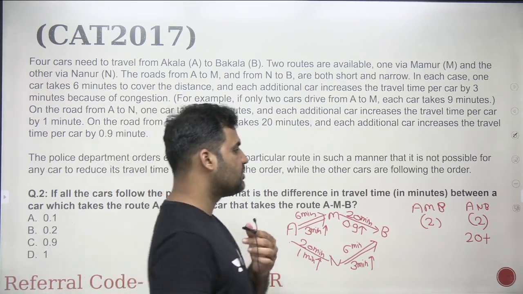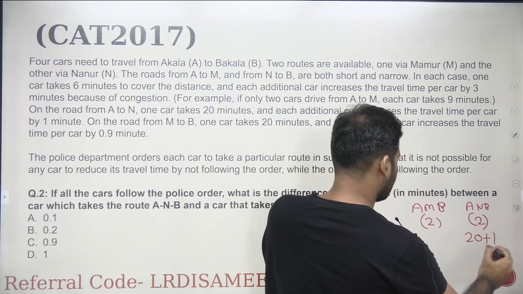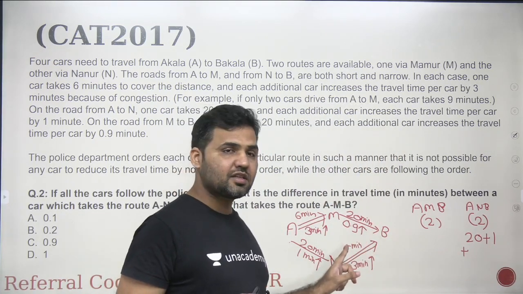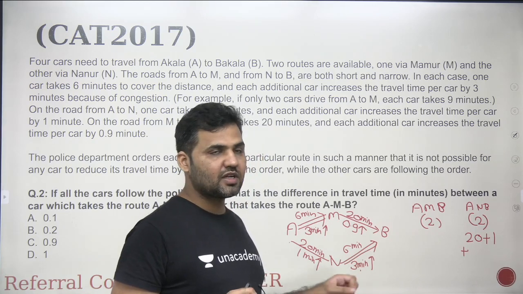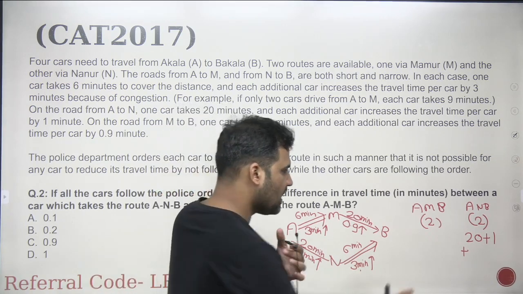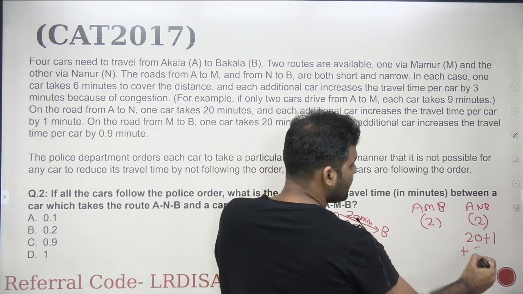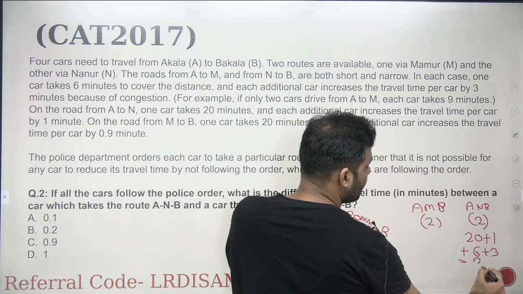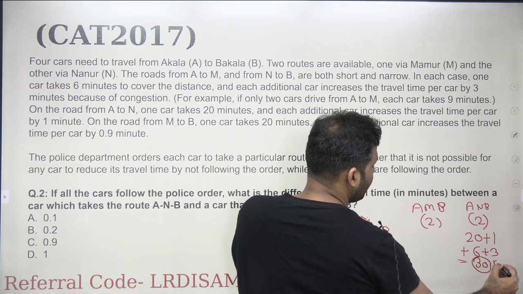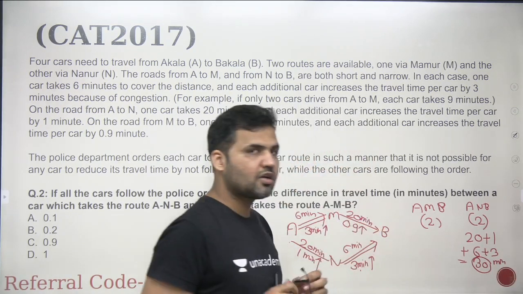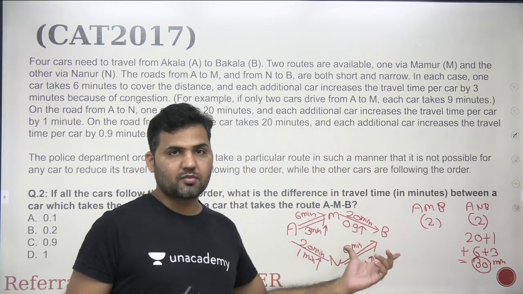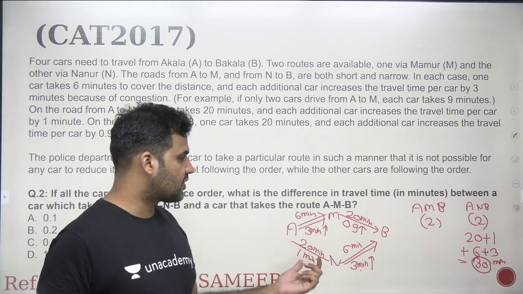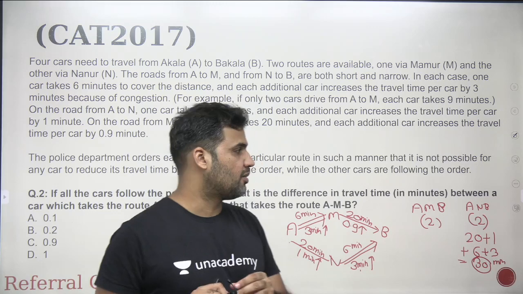N to B, the travel time is 6, and because of the additional car it increases by 3. So the total time will be 30 minutes. We have already seen this in the previous question.